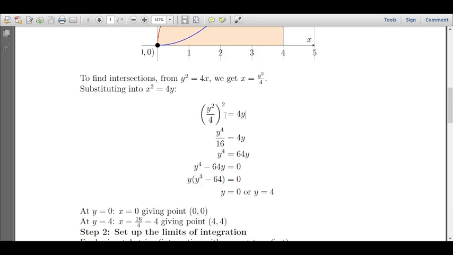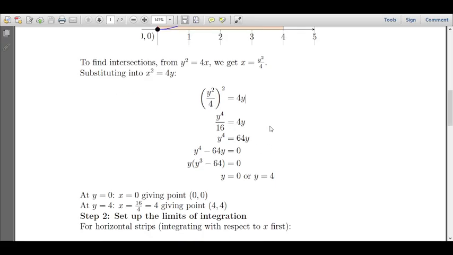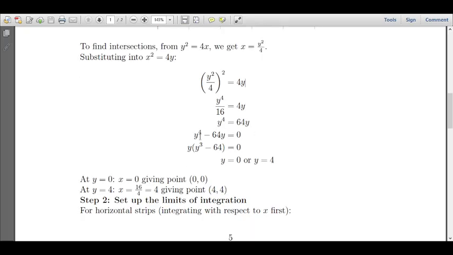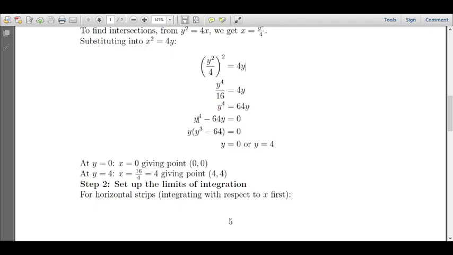So y square by 4 whole square equal to 4y, that means y power 4 by 16 equal to 4y. So y power 4 equal to 16 into 4y, 64y. So this becomes y power 4 minus 64y equal to 0. Taking y common, y into y cube minus 64 equal to 0. Since the product becomes 0, the product is 0 if any of the values is 0. So this is y equal to 0 or y cube equal to 64, that means y equal to 4.